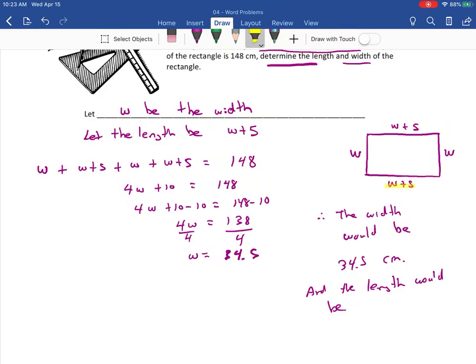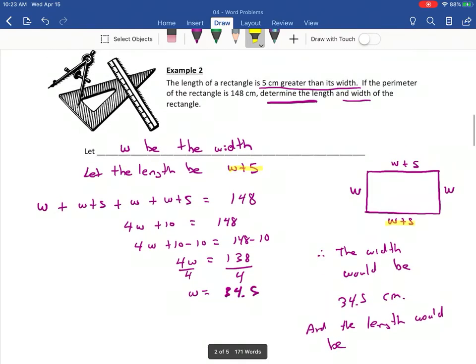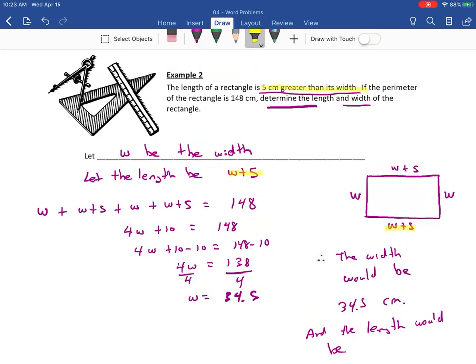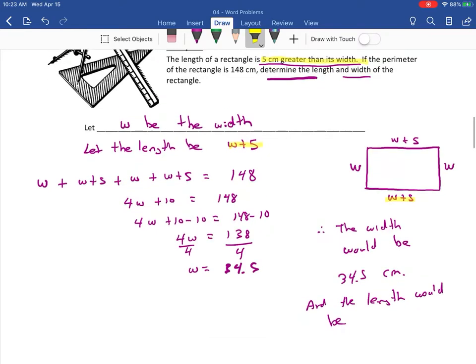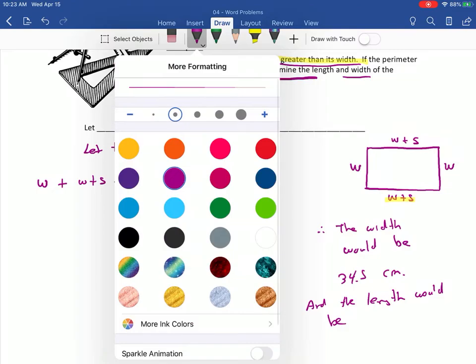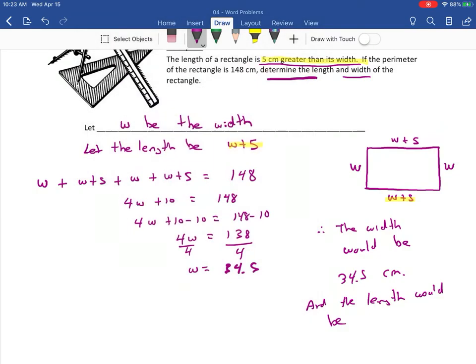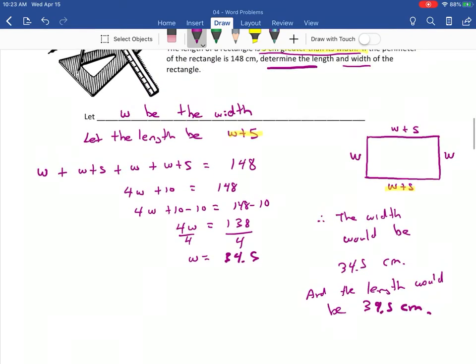I could look back at my rectangle and say, oh, to get the length, I just add 5 to the width. Or I could look up here and go, let the length be W plus 5. Or even the original question says the length is 5 centimeters greater than the width. Any of those spots tell us, oh, I need a 5 centimeter bigger number there, and so the length would be 39.5 centimeters. I put the therefore statements up there, even though I left a space for it down there.